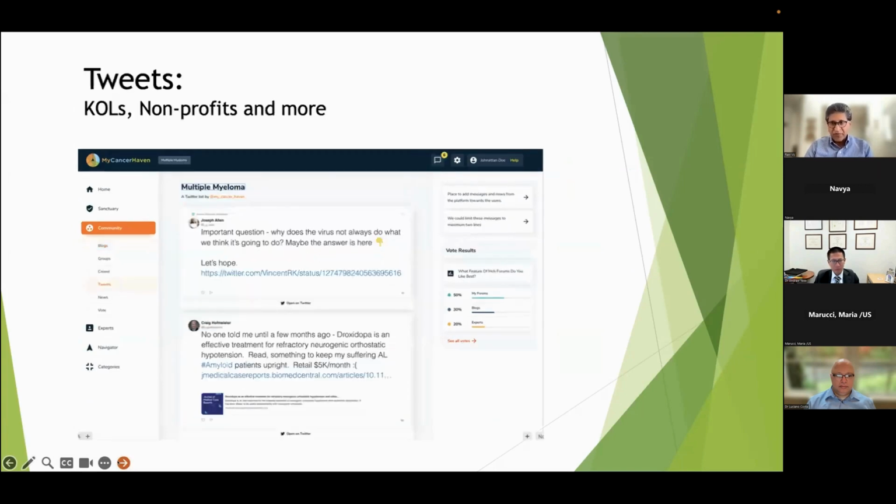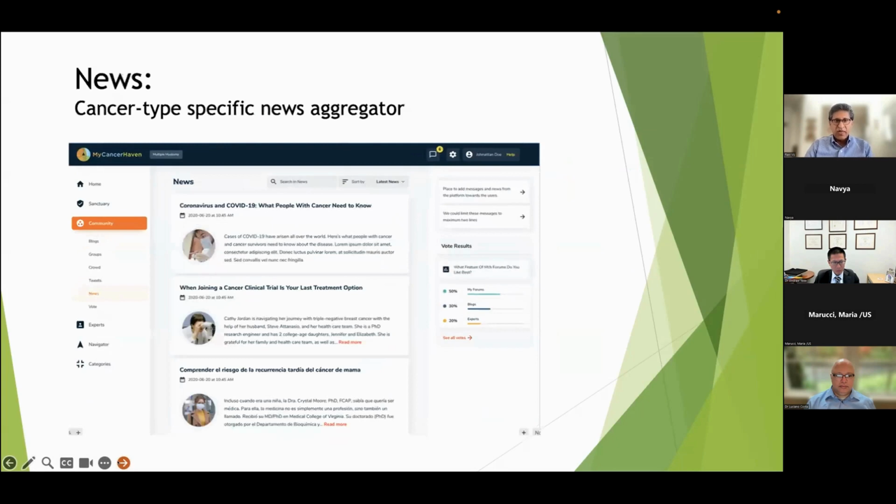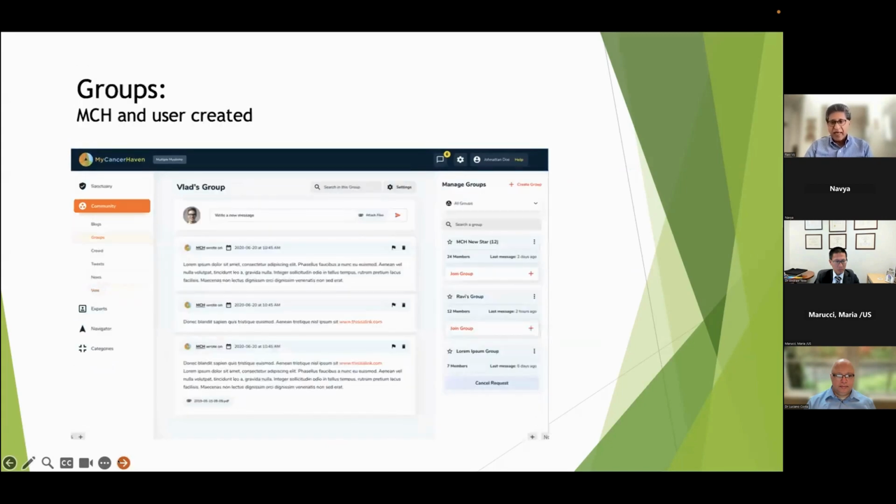We capture tweets from patient advocacy organizations, not-for-profits, and key opinion leaders. We also have news that is cancer type specific. So if you're in the myeloma ecosystem, you will get only news specific to a particular kind of cancer. And the news gets updated by the minute as it flows in. We have support groups that we support, but also any individual can form a group on the platform and act as the administrator of the group.